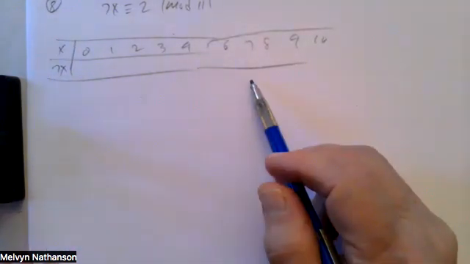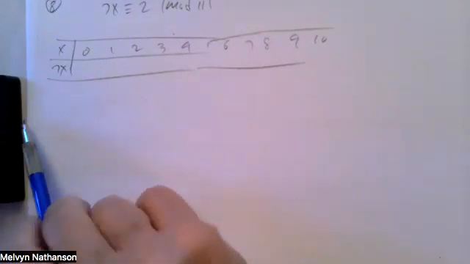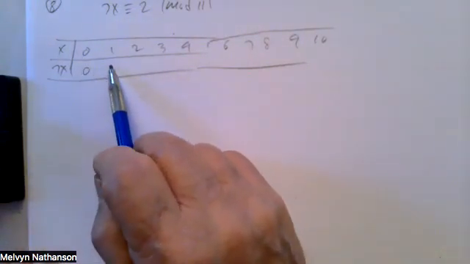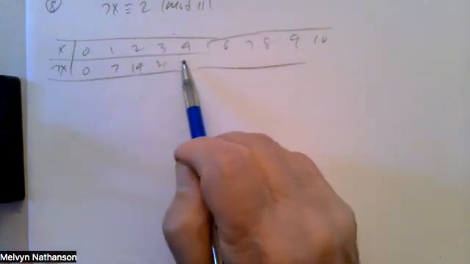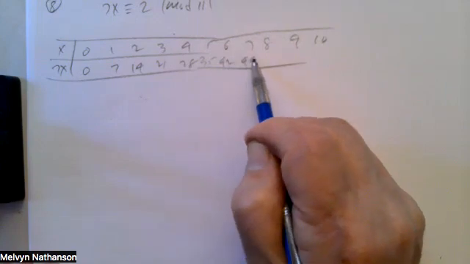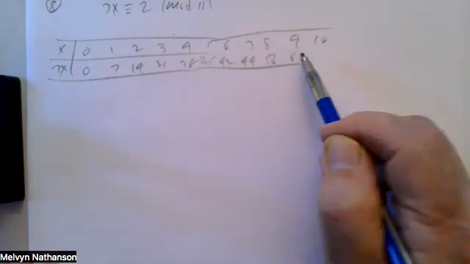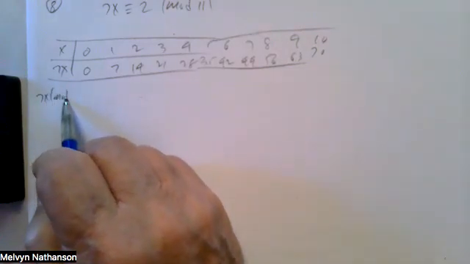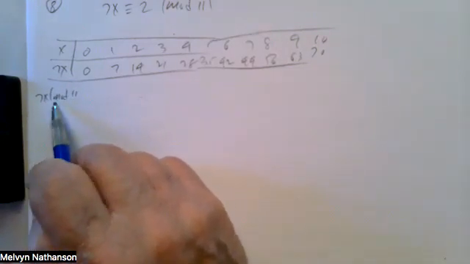What is 7x mod 11? What is 7x? 7x multiplied by 7: 0, 7, 14, 21, 28, 35, 42, 49, 56, 63, and 70. What is 7x mod 11?